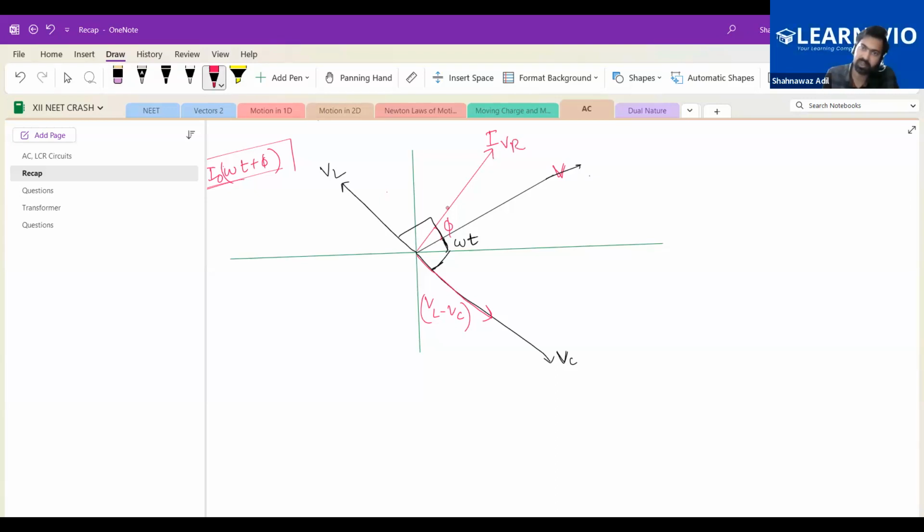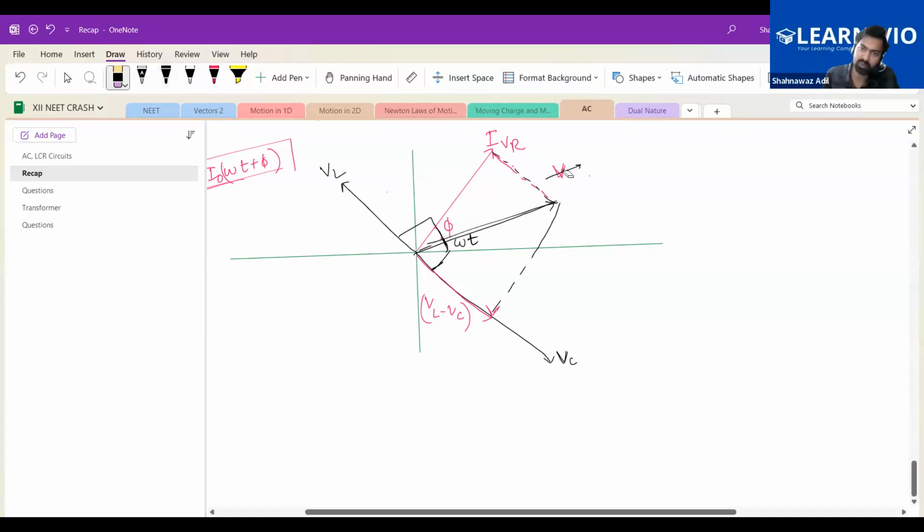This is VR, and then we take the overall thing, right? So this would be the resultant of this thing. So this is the resultant, right? And this angle is how much? So this should be phi, right?